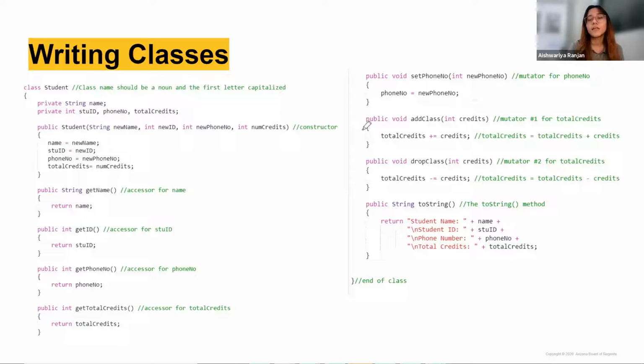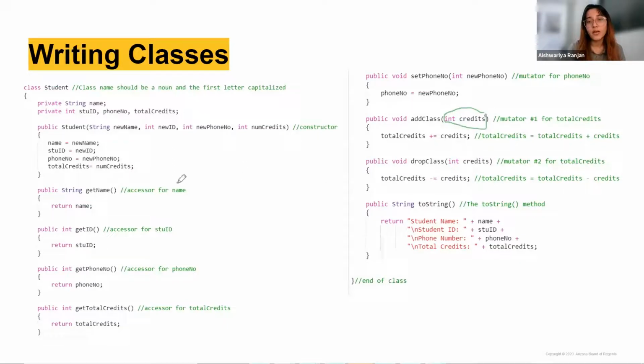Now we had two extra classes in this. We had the add and the drop class methods. So we'll do public void add class int credits. Void because we're not really returning anything. We're just adding a class, like I said. So you add a class of 3 credits, suppose.